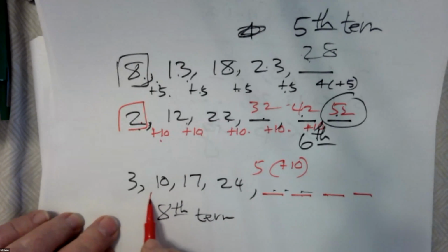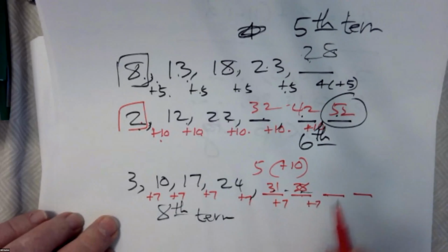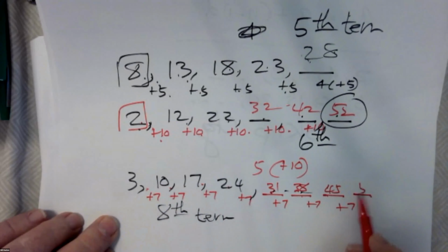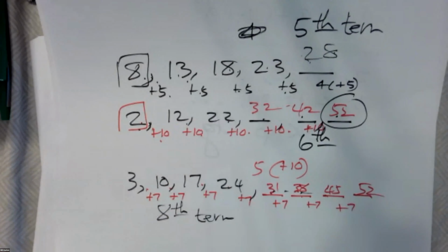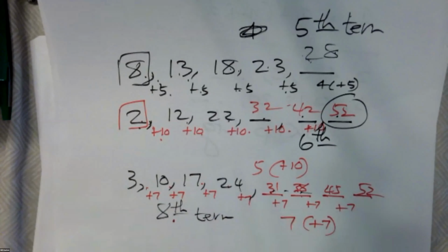So I'm adding 7, I'm adding 7, I'm adding 7, I'm adding 7 to get 31, I'm adding 7 to get 38, I'm adding 7 to get 45, 1, 2, 3, 4, 5, 6, 7, and I add 7 to get to 52. So the 8th term, how many times am I adding 7? Turns out to be 7 times.